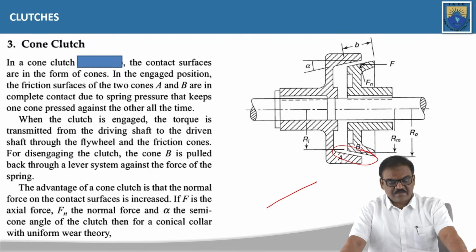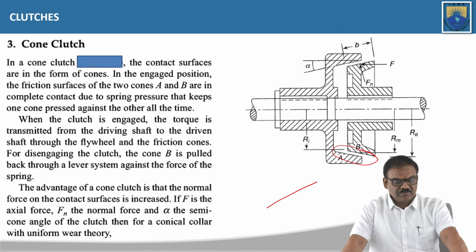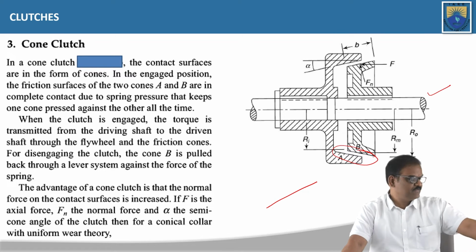When the clutch is engaged, the torque is transmitted from the driving shaft to the driven shaft through the flywheel and the friction cones. For disengaging the clutch, the cone B is pulled back through a lever system against the force of the spring.